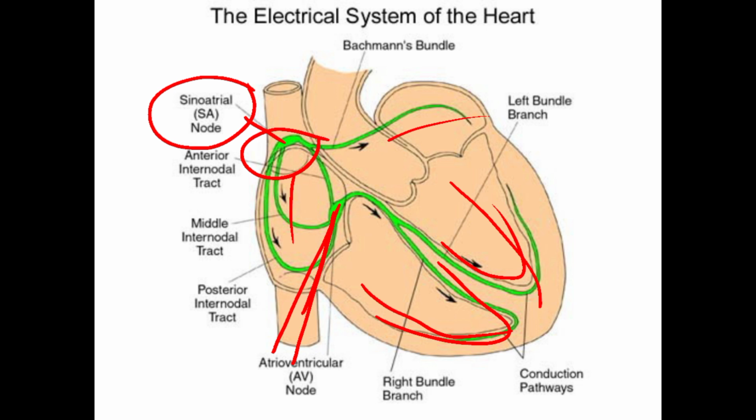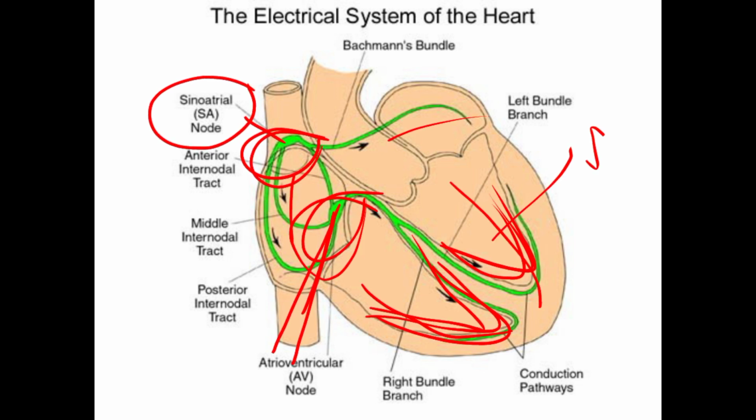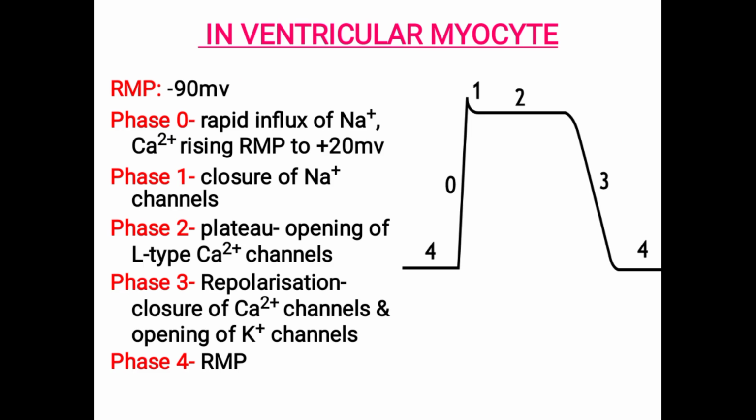Hence we call the SA node the pacemaker of the heart. If you remove the AV node too, the ventricular muscles will start producing the impulse. This property is called autorhythmicity.